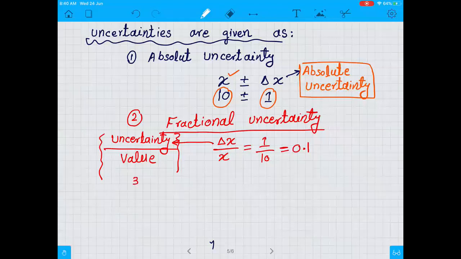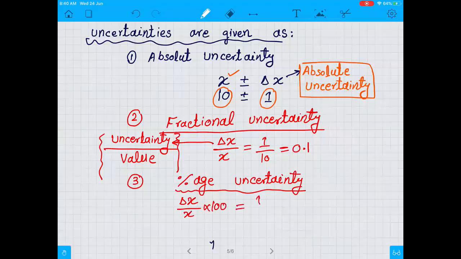Then you can write uncertainty as percentage uncertainty. If you multiply fractional uncertainty by 100, then it will become percentage uncertainty. Just for example, delta x over x into 100. In this example, it would be 1 over 10 into 100, so it would be 10%.